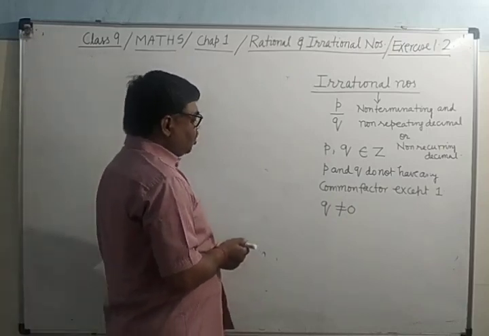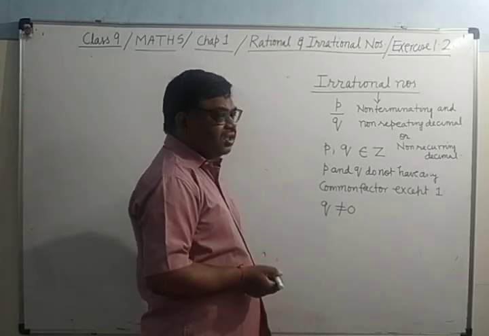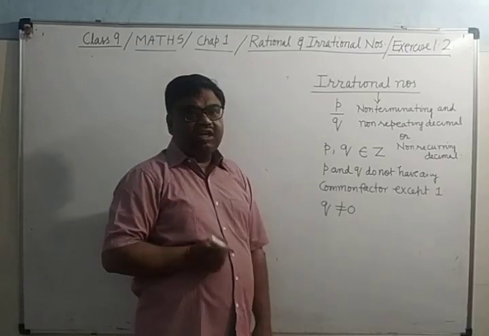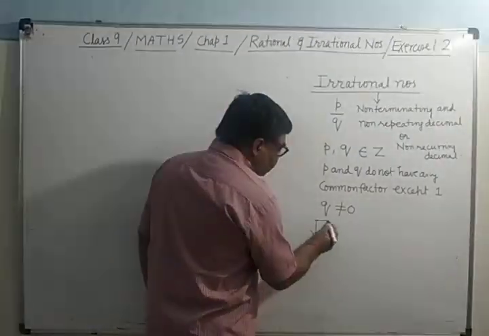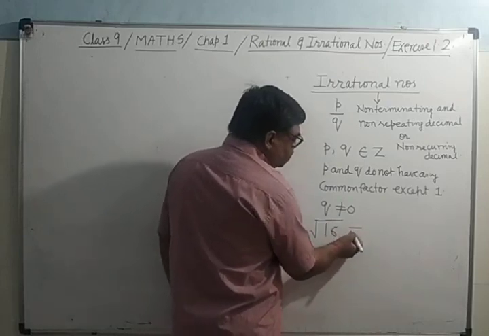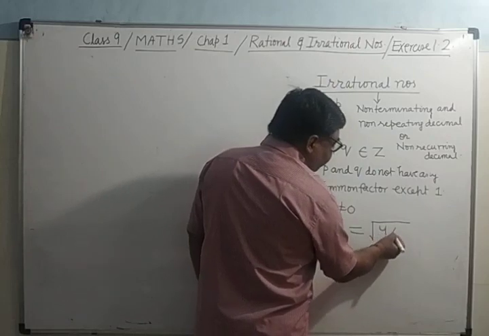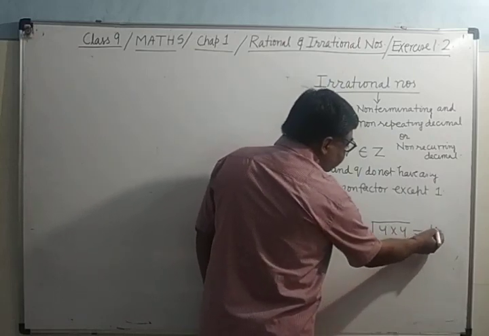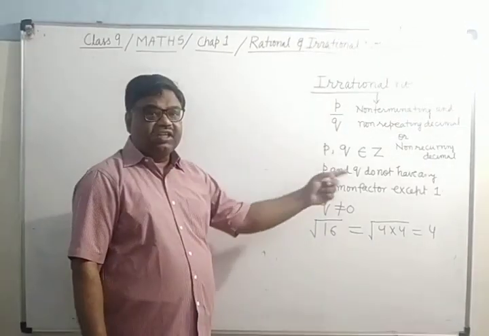Now there is one more thing about irrational numbers. Any number which is a surd is an irrational number. For example, root 16. Is it a surd? No, it is not a surd because it can be simplified. When you simplify, the square root sign will be removed. Therefore, it is not irrational, it is rational.